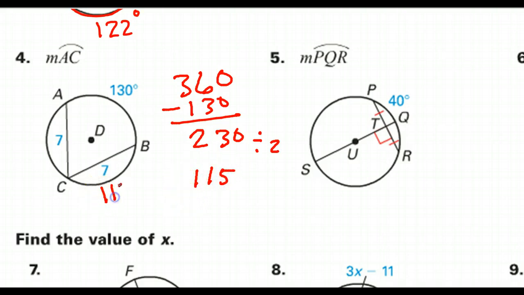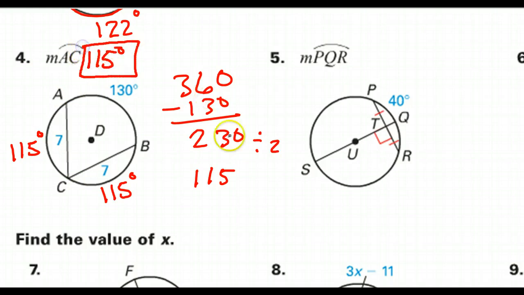So that means this is 115 degrees, and this is 115 degrees. All right, that means AC is 115 degrees. Number 5.